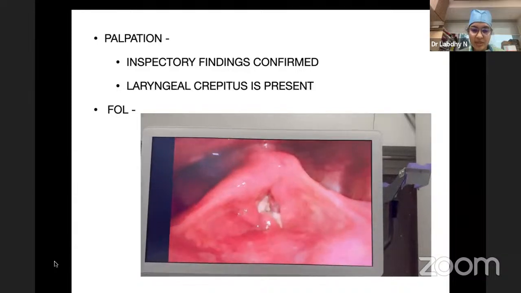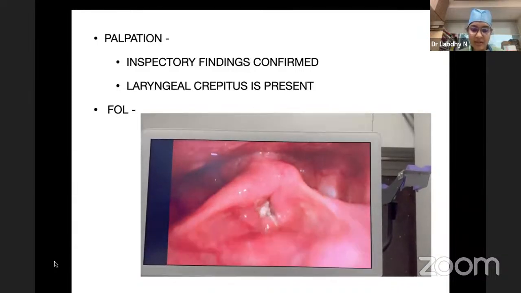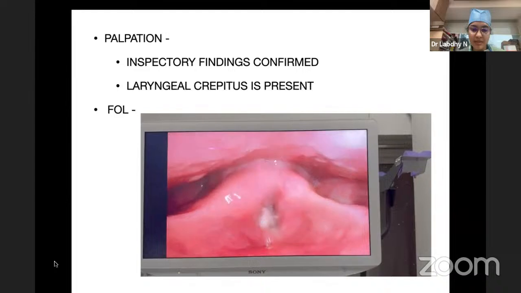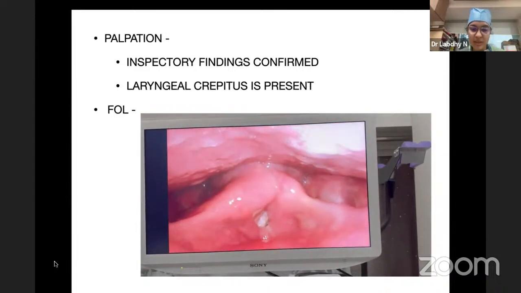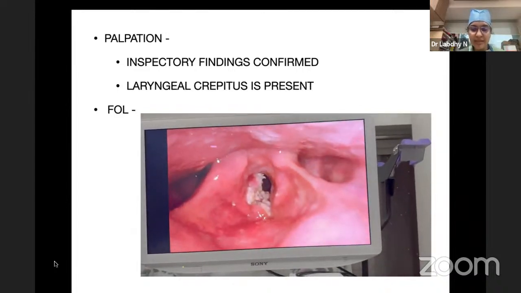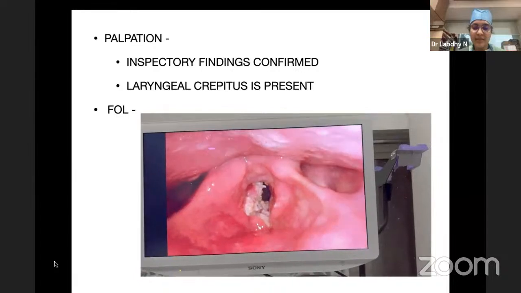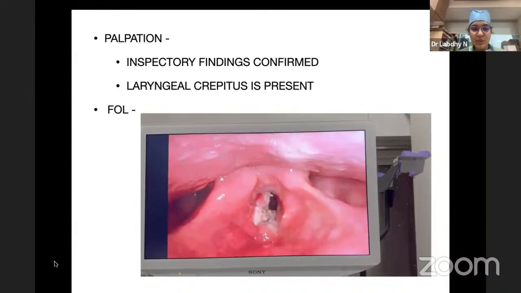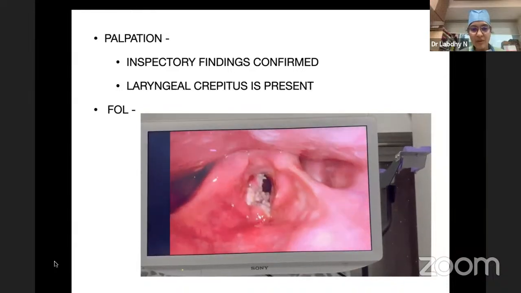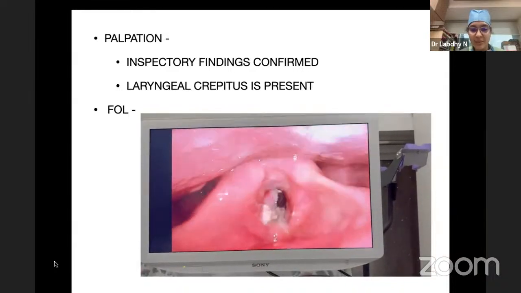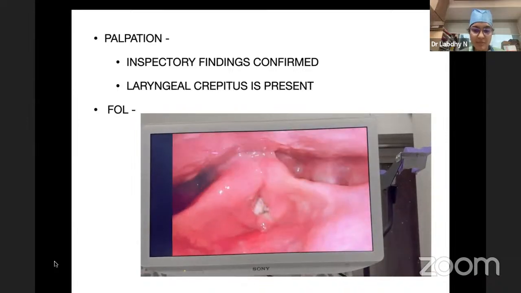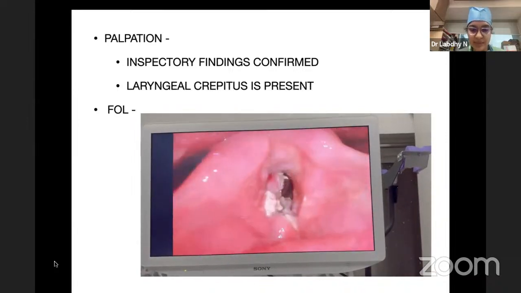It is also probably involving the contralateral left true vocal cord, crossing through the anterior commissure, involving the anterior part. There's also superior extension into the false cord, and we can also see some subglottic extension inferiorly.